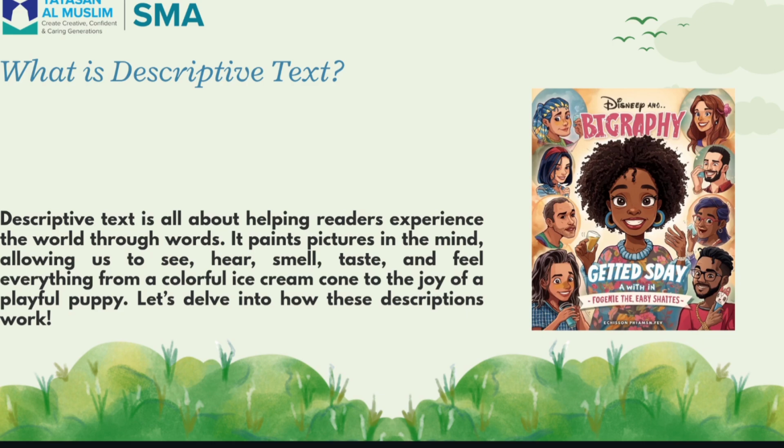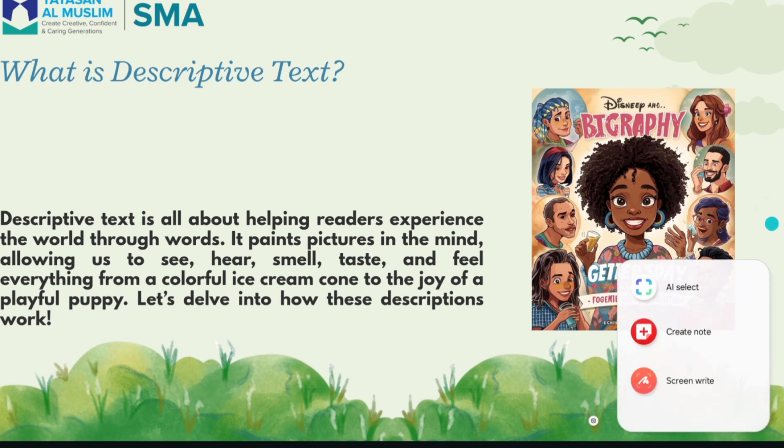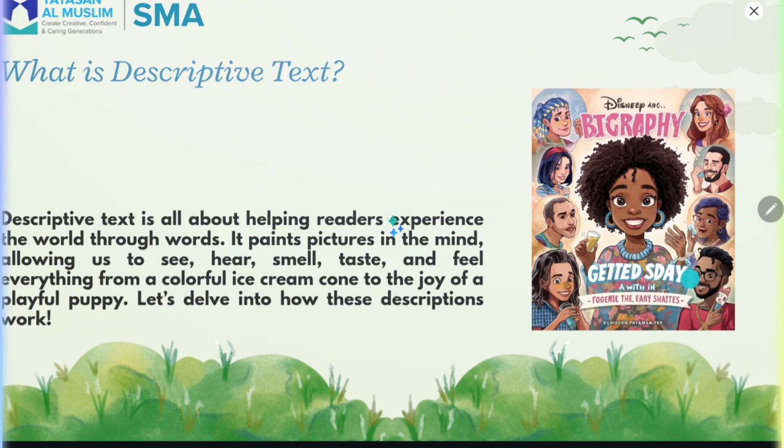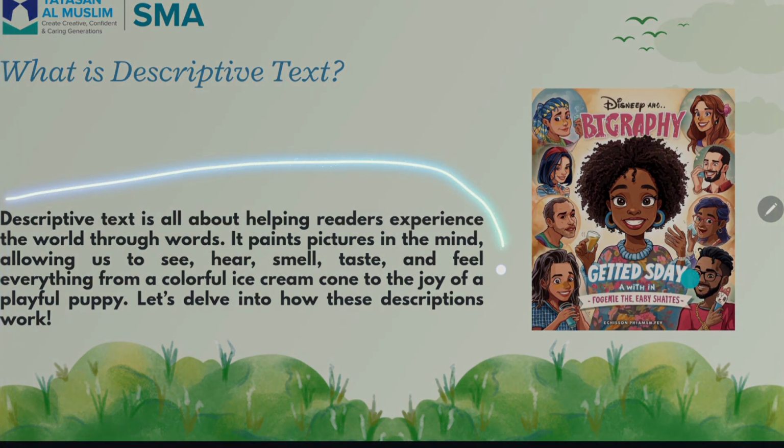Based on this word, we know that we will explain the description of a thing, people, or animals that we can use as the object of our discussion. You may see here, we can see the description itself.